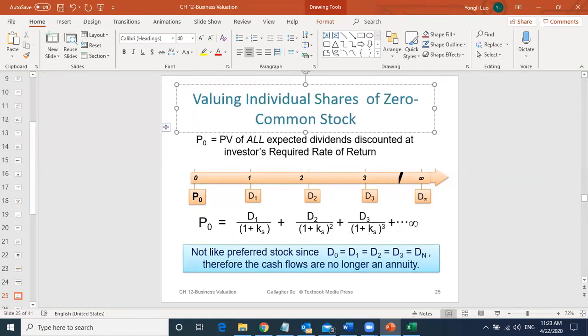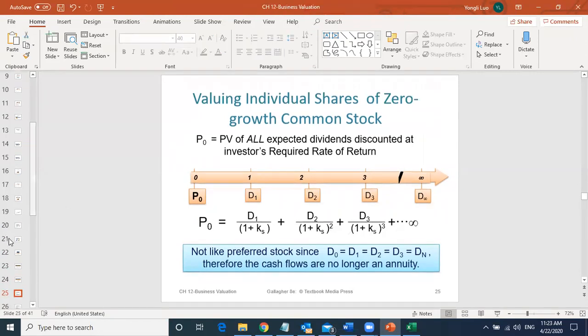The dividend is the same forever. Then you can consider this type of common stock, the zero growth dividend model, as a perpetuity, similar to preferred stock.